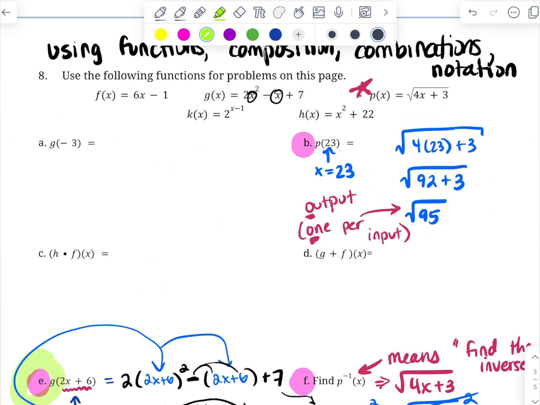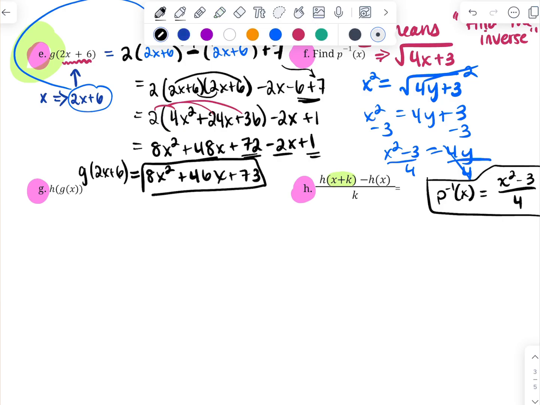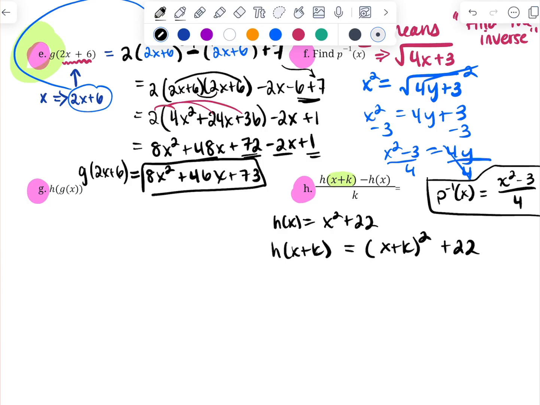So h is this function right here, x squared plus 22. So h of x is x squared plus 22. So that means h of x plus k would be x plus k squared plus 22. Because notice, I took the x and replaced it with whatever was in the parentheses.